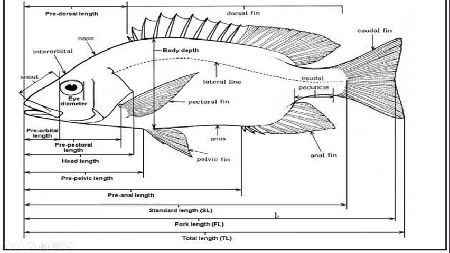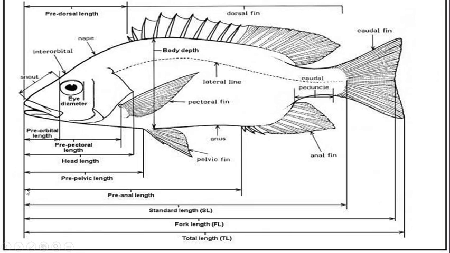Then the second one is fork length, that is from the tip of snout to the fork area, the middle part of the tail. Then the next is the standard length, which is from the tip of snout to the last vertebra which supports the tail fin, just at the base of the tail fin.